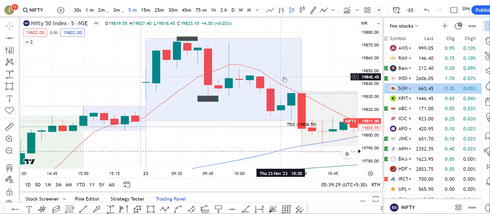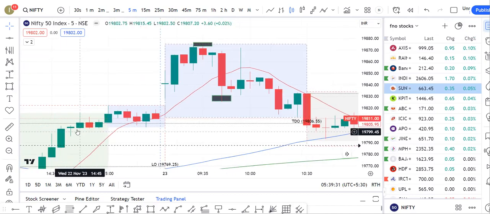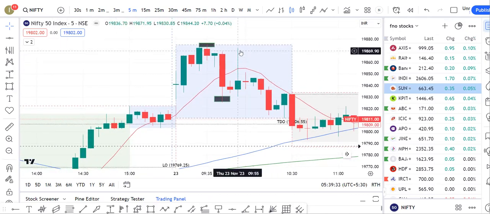You can go for the put option. What I observed in the live market is the 19,900 put option went up to 85. First it made a low of 89, and then another low of 85.